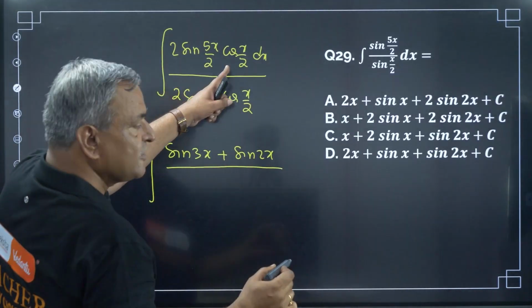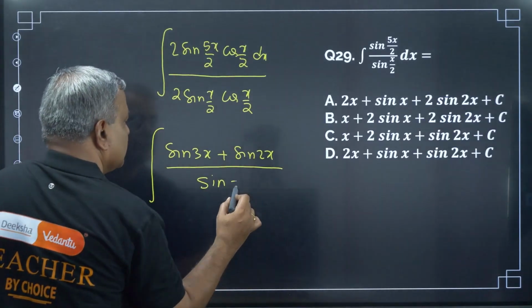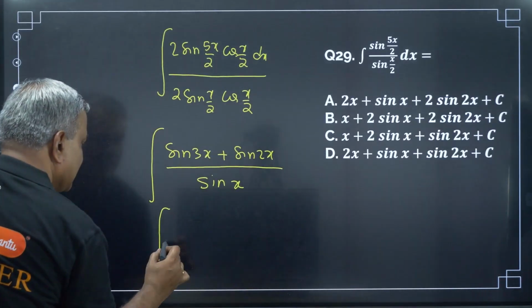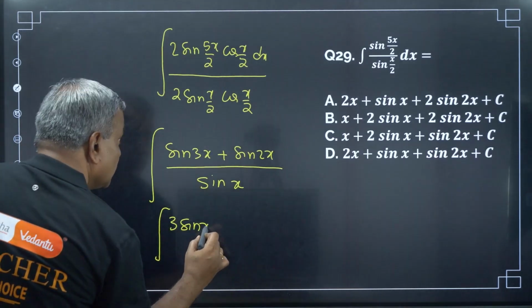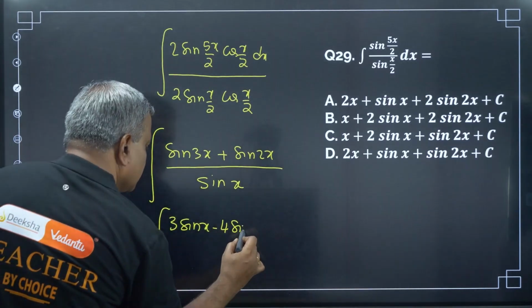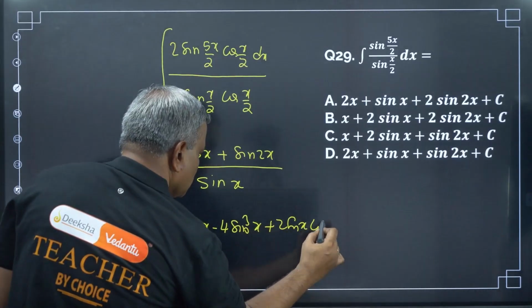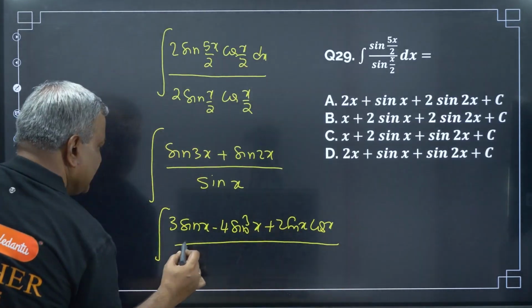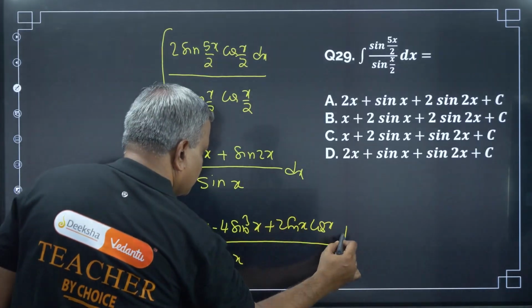This will be 5 minus 1 is 4 by sine 2x, and this is equal to sine x. So sine 3x is 3 sine x minus 4 sine cube x plus 2 sine x cos x, divided by sine x. Of course, I forgot dx.